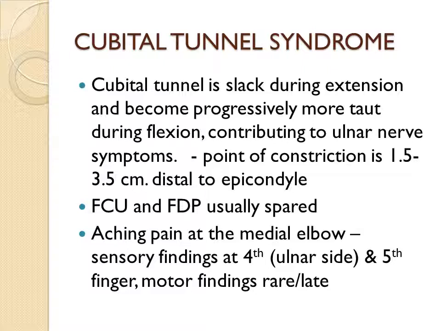You'll have sensory findings at the 4th and 5th finger on the ulnar side of the hand. And generally with compression in the cubital tunnel, motor findings are either rare or they are very late findings, if indeed motor findings occur at all.